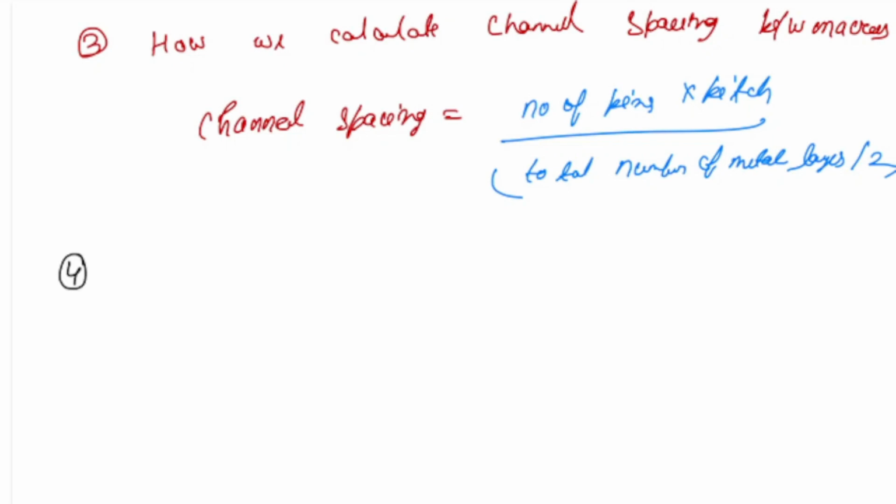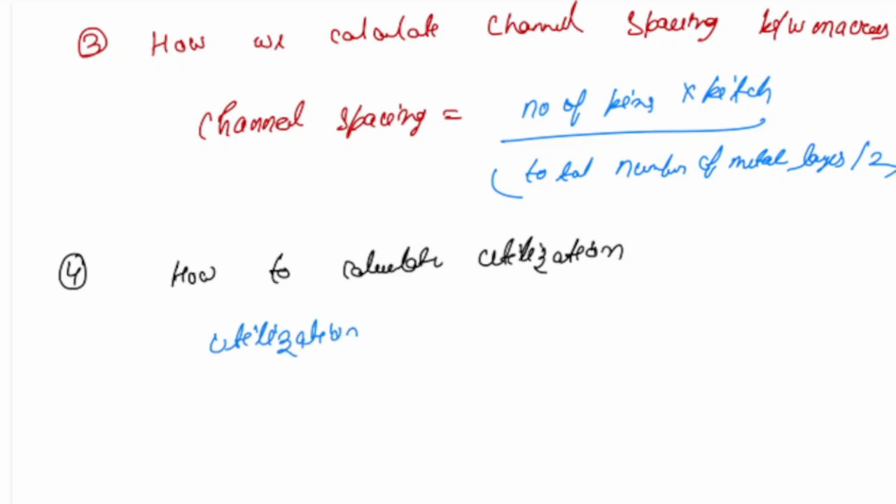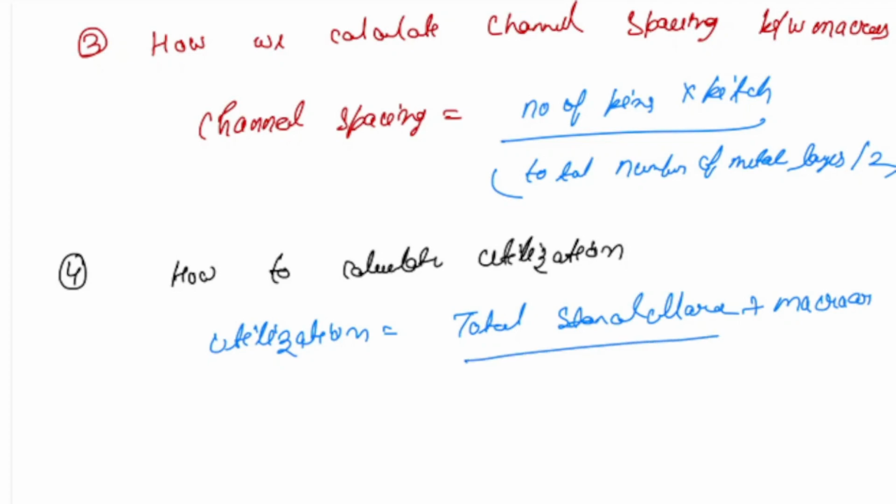The next question is how to calculate utilization. Utilization is equal to the total standard cell area plus macro area, upon the total core area, times 100%.